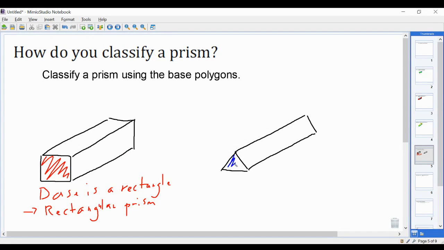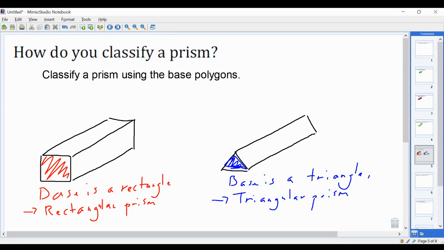So here the base is a triangle, so this is a triangular prism. Okay.